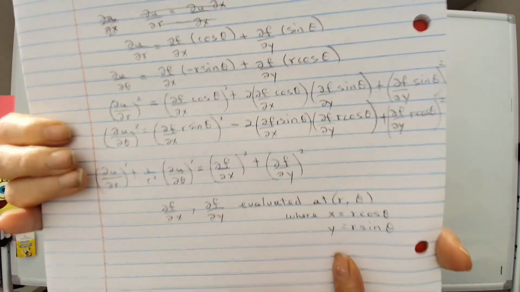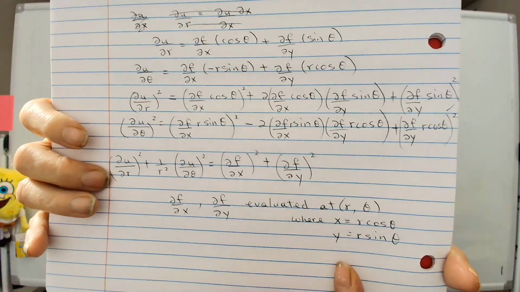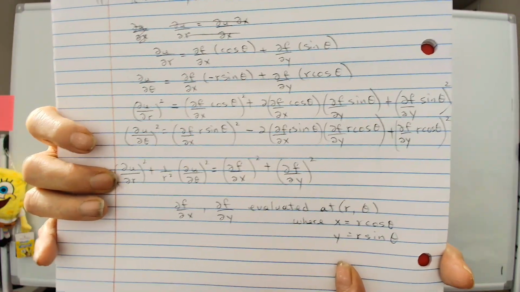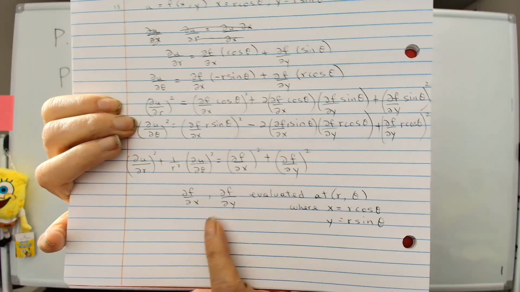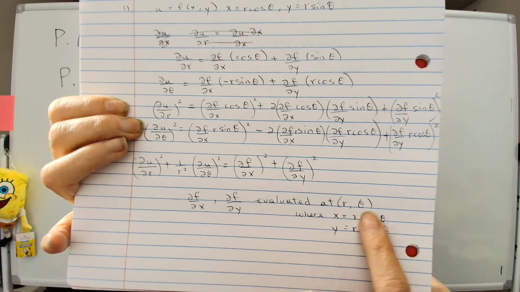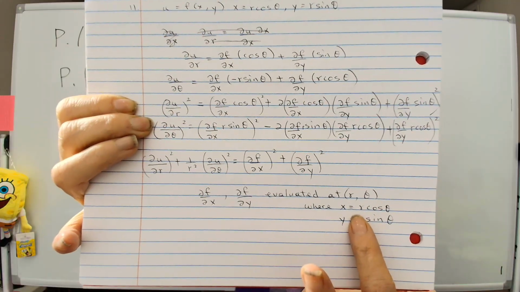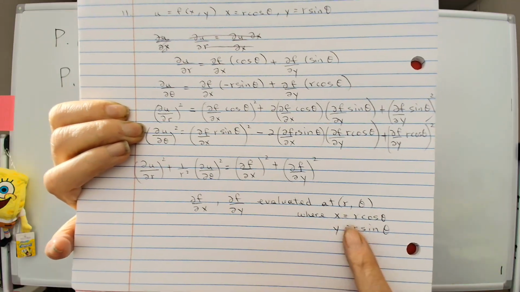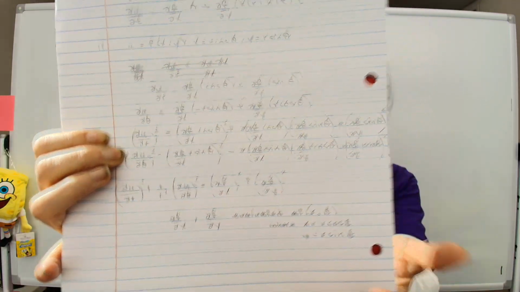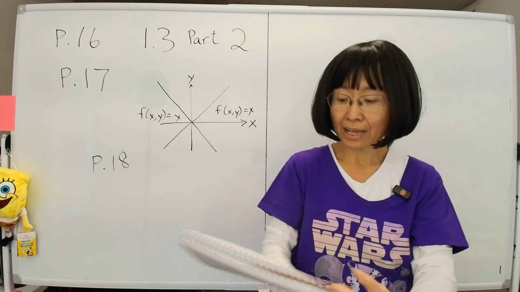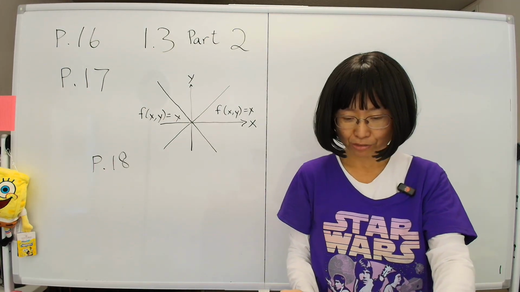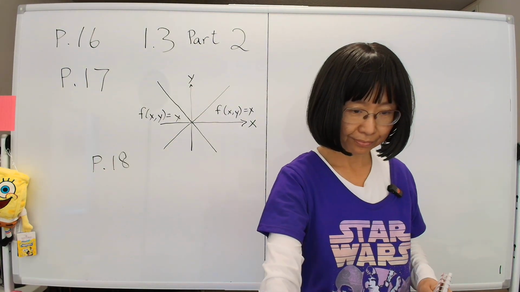Now, how are the partial derivatives with two kinds of variables equal? The reason they're equal is because the partial derivatives are evaluated at the other one, at our theta. And you have to plug in x equal to r cosine theta and y equal to r sine theta. That's why everything works out like it's supposed to.